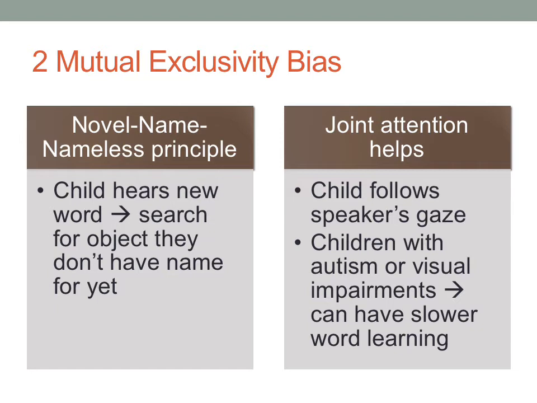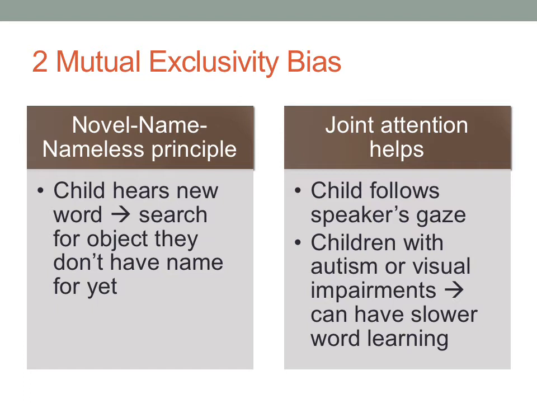Again, children with autism or visual impairments, we talked about autism, but also children with visual impairments can have slower word learning because they're not able to attend to the visual objects in front of them, notice where mom is pointing her eye gaze, and make connections.